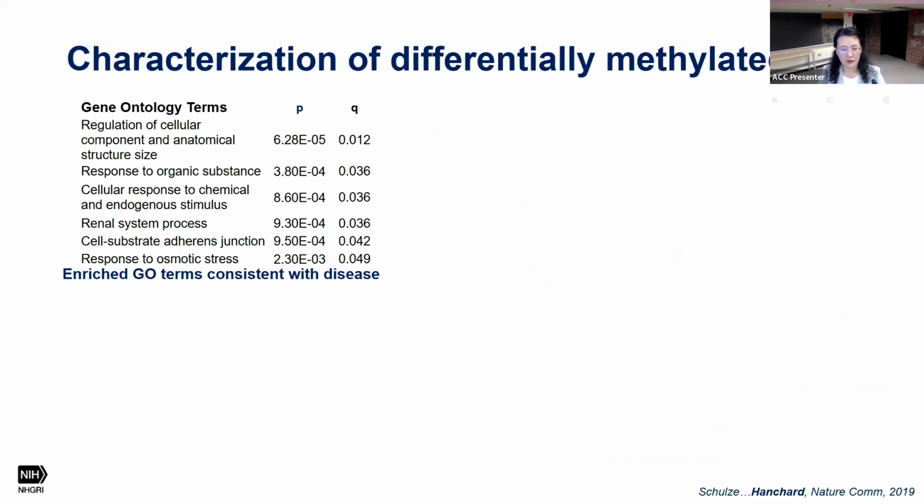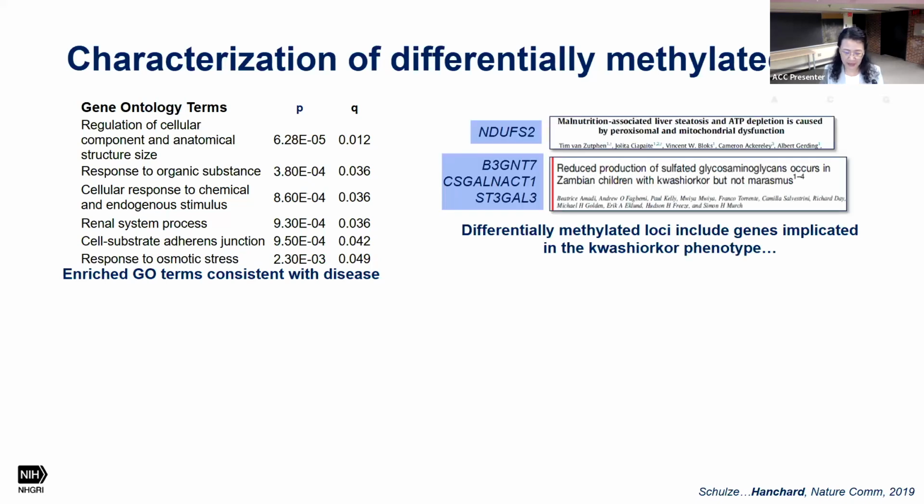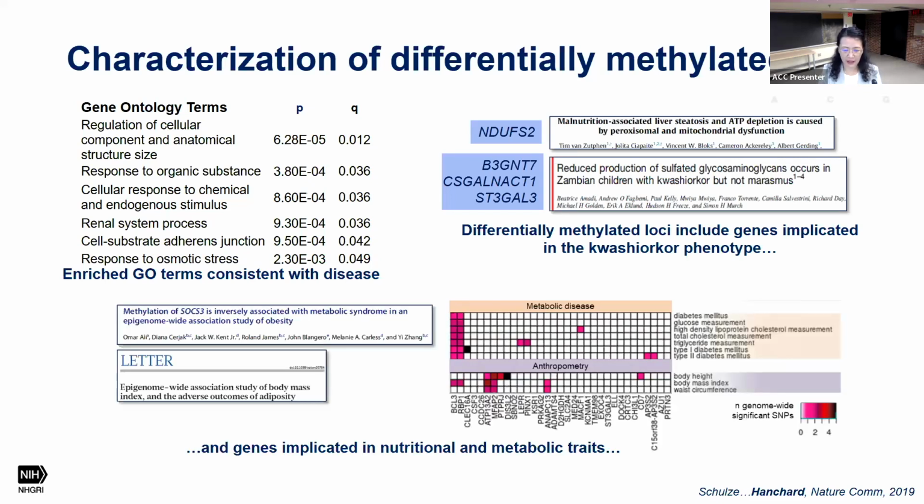Together with the gene expression data, we also located those differentially methylated loci to the pathway, and those loci include genes implicated in the kwashiorkor phenotypes, and also in nutrition and metabolic traits.